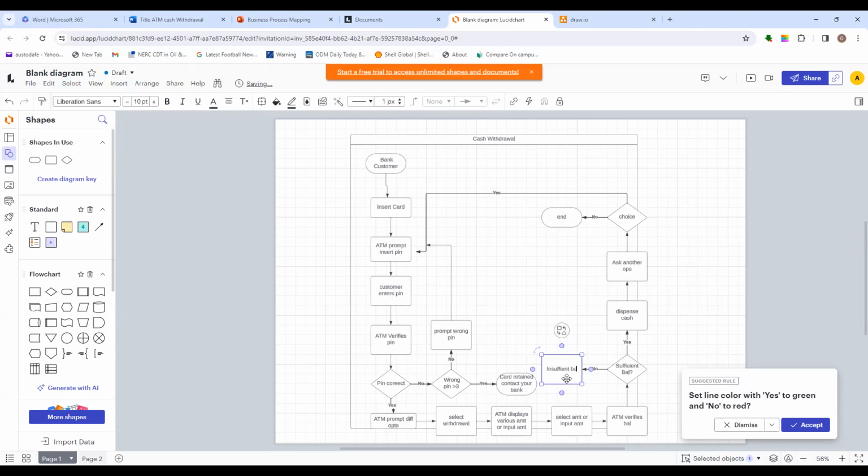And it will direct you to input a correct amount. You come here again and select the right amount. Is that the process? Yes.